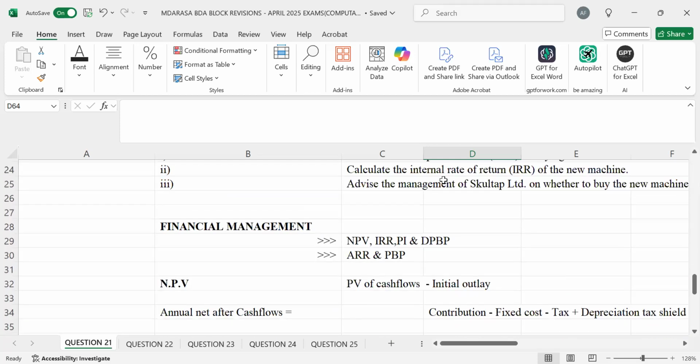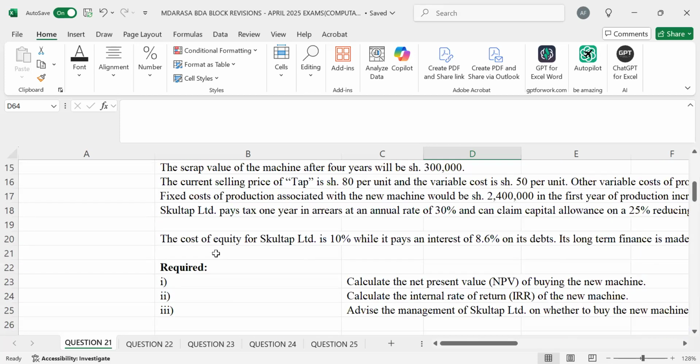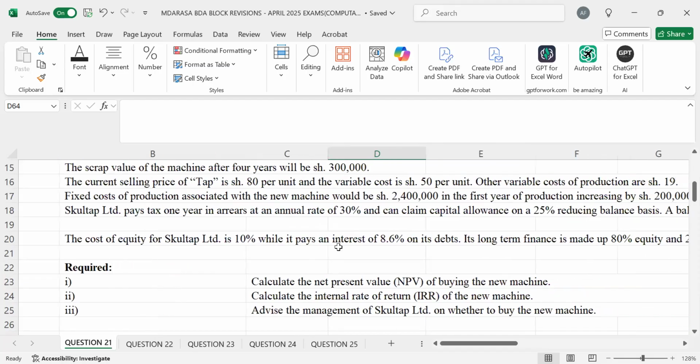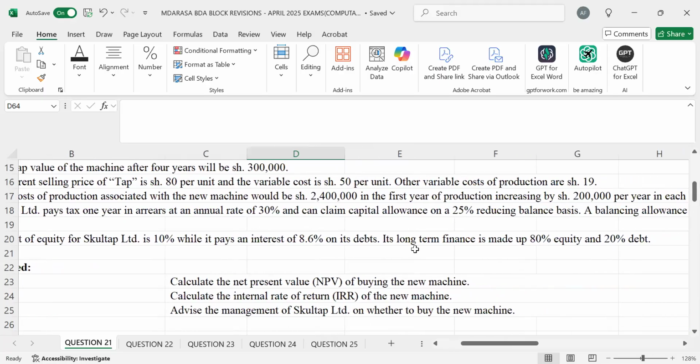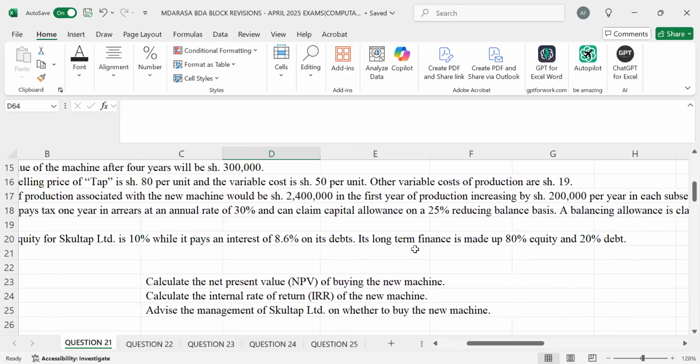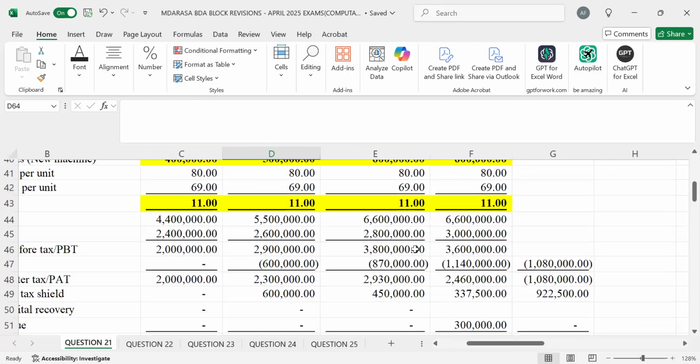We take what we are given: the cost of equity is 10%, while it pays an interest of 8.6% on its debt. Its long-term finance is made up of 80% equity and 20% debt.